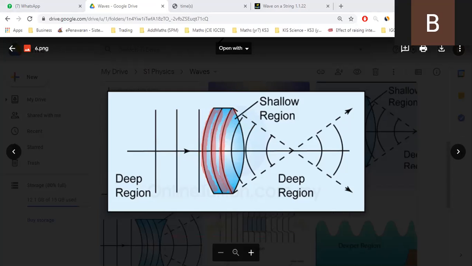Also, the middle part is the last one to exit, right? So the middle section of the wave is the last one to exit the shallow region. That's why you get an even more curve, and slowly you will see that it converges to one point.